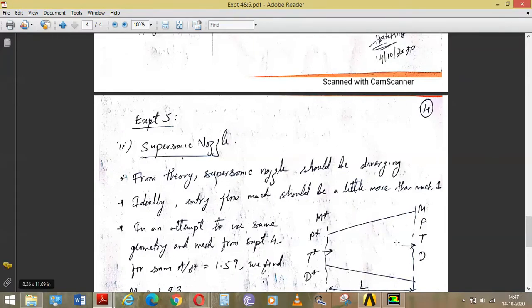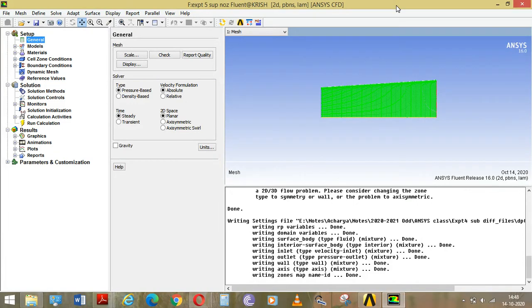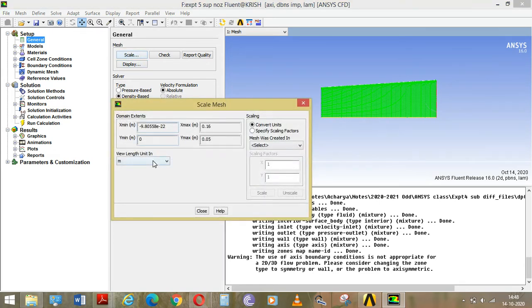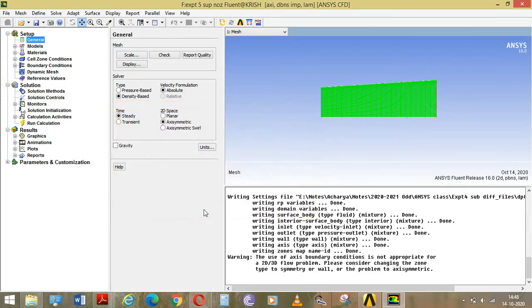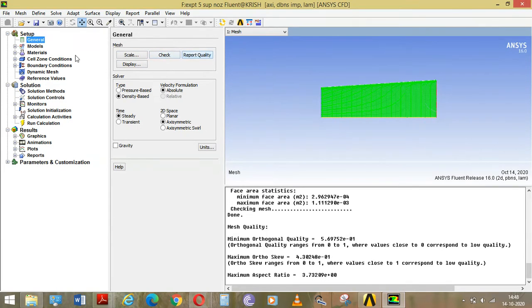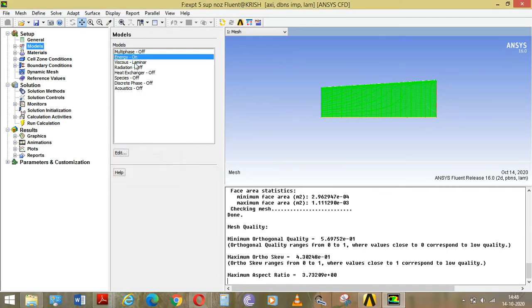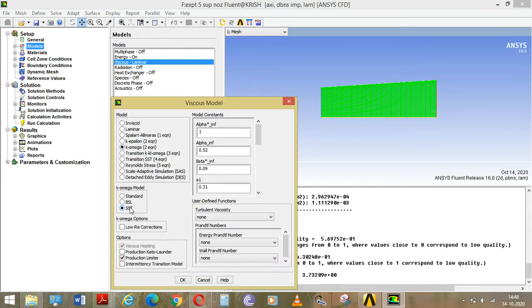Now supersonic nozzle. Do not assume how the flow will be in a supersonic flow. Density based, axisymmetry, scaling, check and report models, use energy equation, use k omega SST.